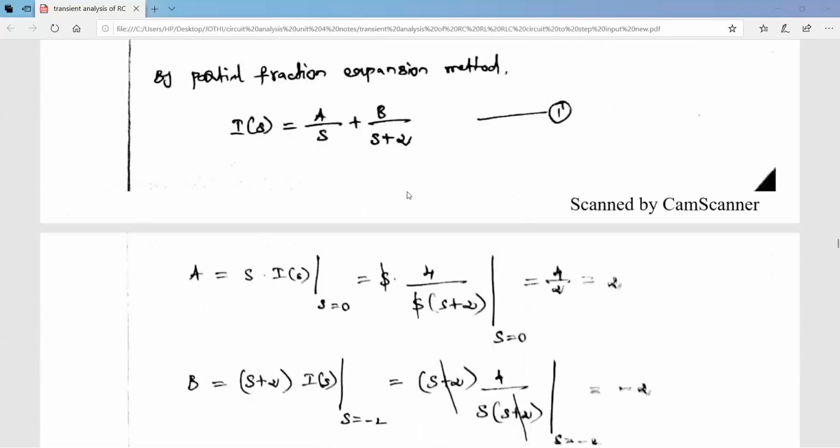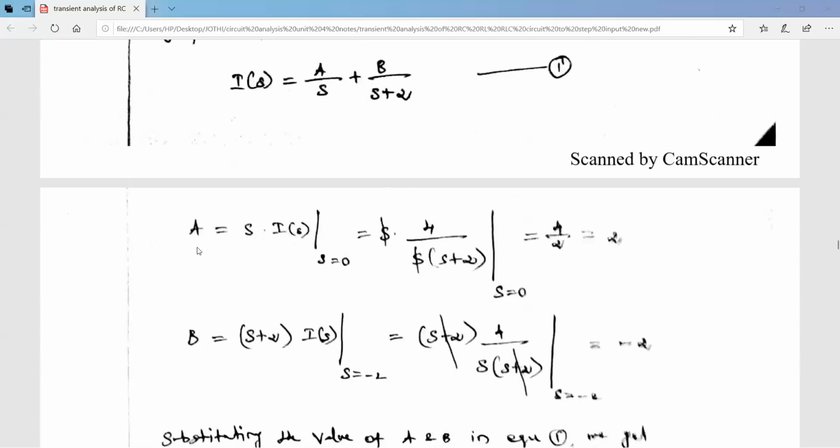What is the procedure to find the value of a? The term below a is s, so that s term is multiplied with the total left side function I of s at the root value of the variable s, which is s equal to 0. So a is calculated as s multiplied with the total function I of s at s equal to 0.